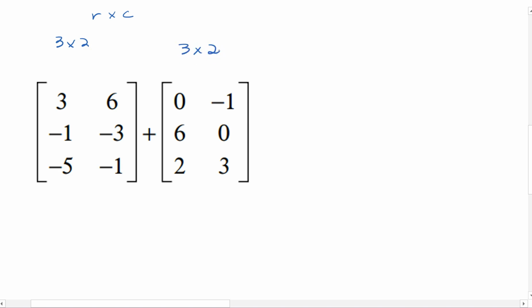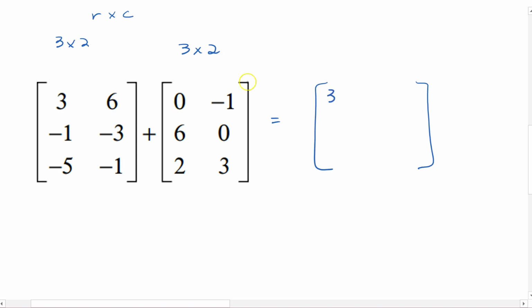All right, to add them, you just do the corresponding numbers. Adding, subtracting, and multiplying by a scalar, they're super simple. The 3 plus a 0, see, those are corresponding places in this array, so they get added together.